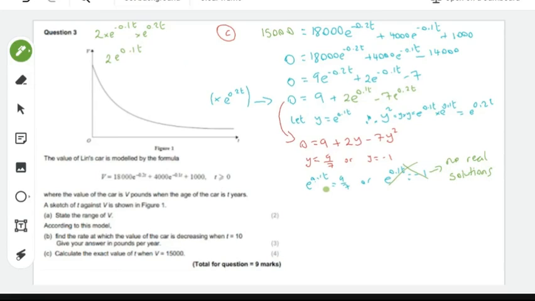So we've only got this to be left with. So here we take logs of both sides. 0.1t equals the natural log of 9/7. So t equals 10 times the natural log of 9/7. And there we go.